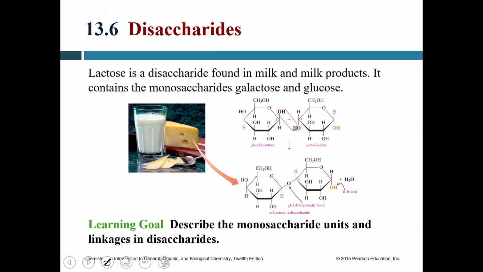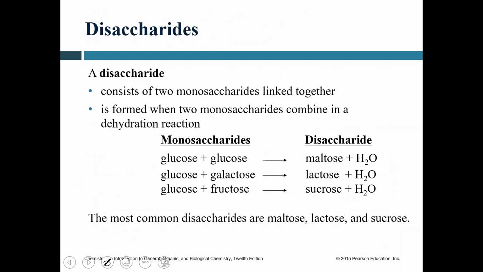Disaccharides. Lactose is a disaccharide that is found in milk and other milk products. It contains two monosaccharides called galactose and glucose. So this is beta-D-galactose, this is alpha-D-glucose. When they are connected, they form what is called a beta-1,4 glycosidic bond.